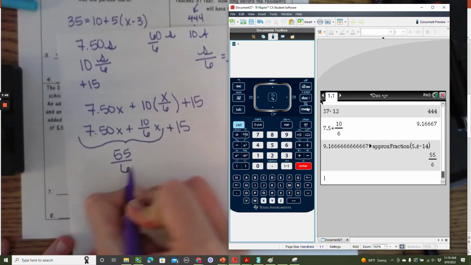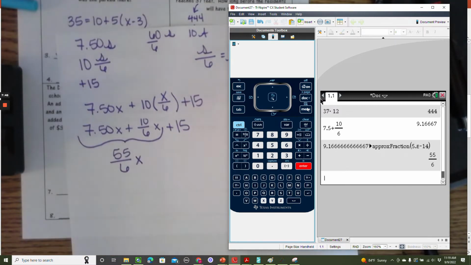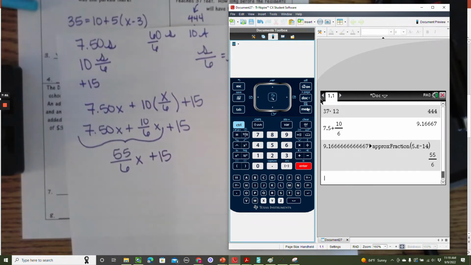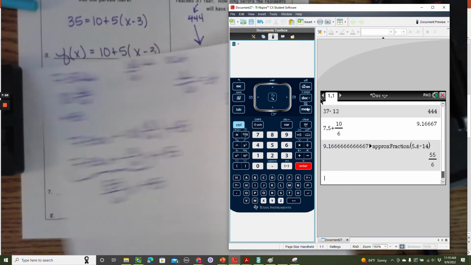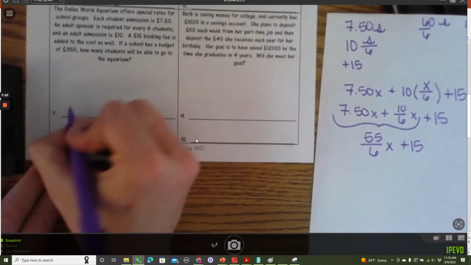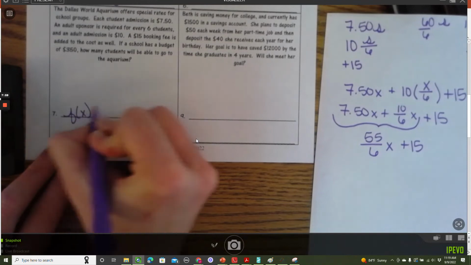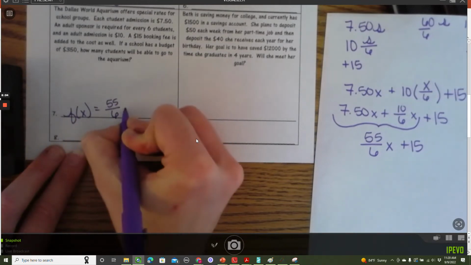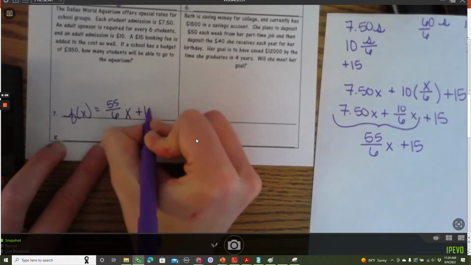I can combine those into one x value, which just makes solving equations easier. Okay, so that is going to be my equation. So I'm going to rewrite that here. f of x equals 55 over 6 times x plus 15.